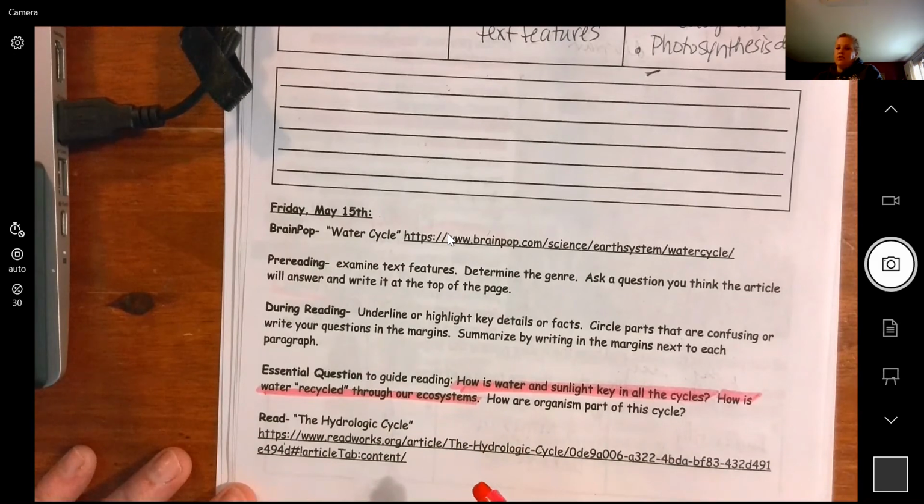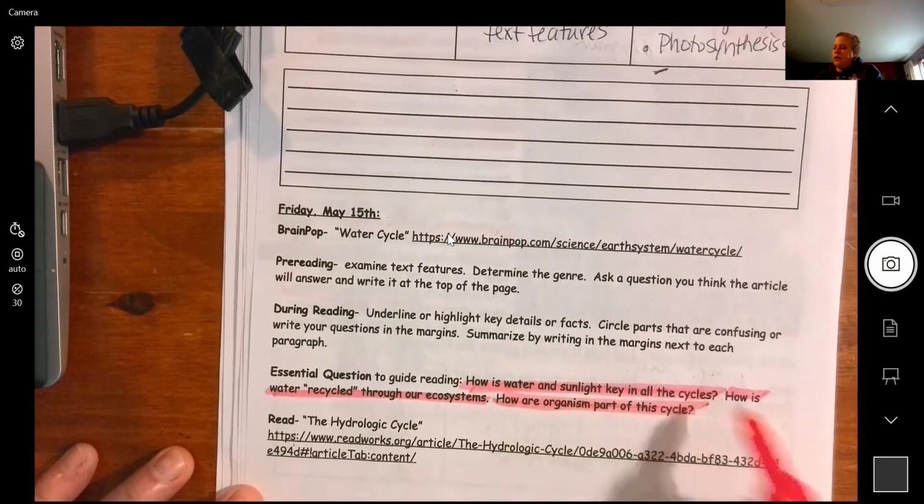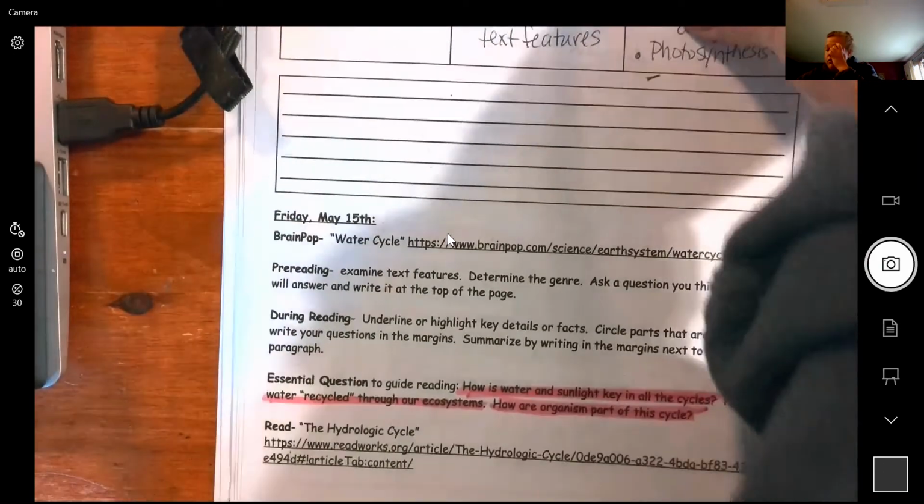It doesn't change. The earth doesn't produce water. It's either going to be in a cloud or in a river or in our bellies, but we don't actually produce any more water. It's just recycled. And also, organisms are part of all these cycles. If we took out organisms, we wouldn't be able to run even the water cycle. Organisms are part of this cycle as well.